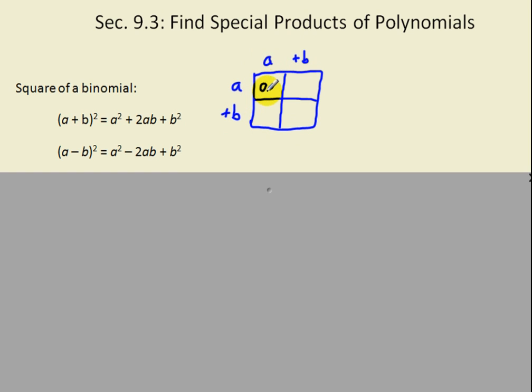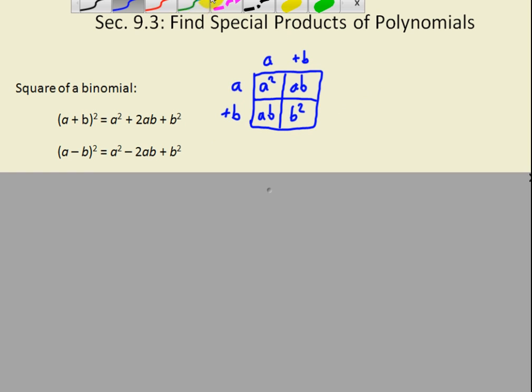A times a is a squared, a times b is ab, a times b is ab, and then b times b is b squared. And so notice that we get a squared and then two ab terms. These are exactly the same, and then b squared.